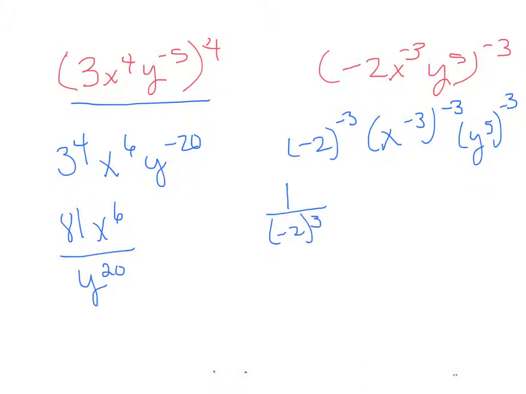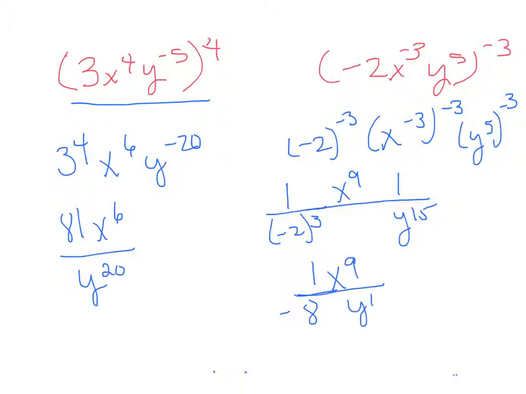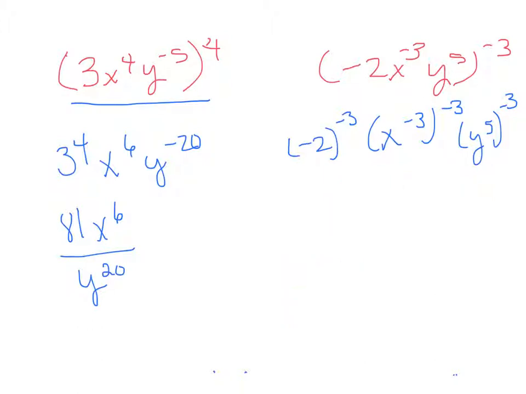Now when you multiply the negative 3 times the negative 3, that's going to give you x to the 9th, so that can stay in the top. And then you have y, and that's going to give you a negative 15, so it's going to go ahead and go to the bottom. You can do it in 2 steps or you can do it in 1. It's up to you. So I usually wind up with this right here. This gives us negative 8, and you have x to the 9th and then y to the 15th. And that 1 doesn't have to stay there, so I'm just going to erase it so that you can see what our final answer is. So our final answer is x to the 9th over negative 8 times y to the 15th.